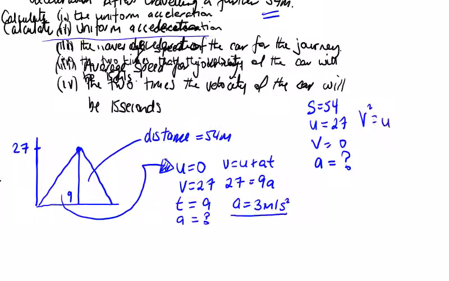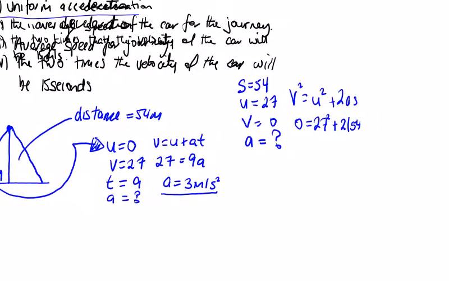V squared is equal to u squared plus 2as. So 0 is equal to 27 squared, and it's going to be minus, a is a minus in this case. But I can leave it as a positive till we work it out, plus twice 54, so 27 goes into 54. So twice 54 by a is equal to minus 27 by 27.